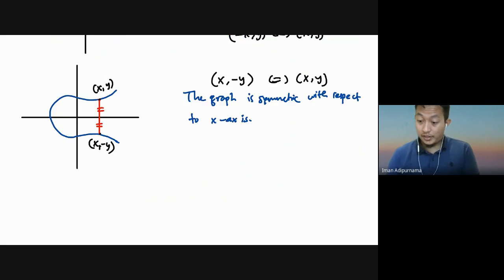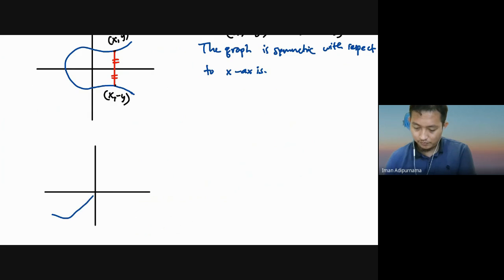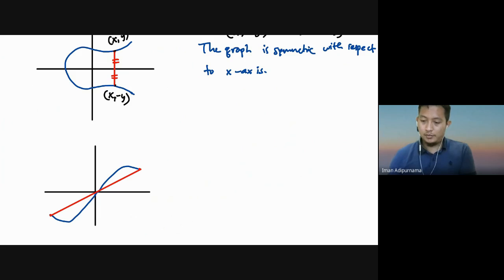And then we can also have a graph like that, in which this is actually also symmetric.